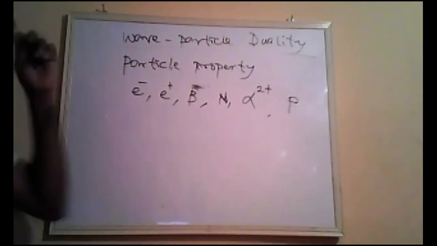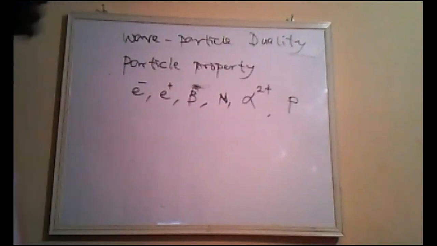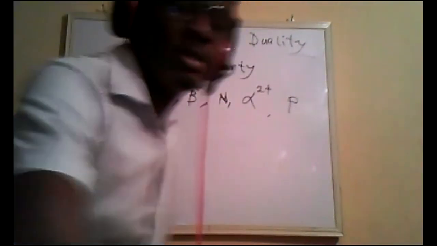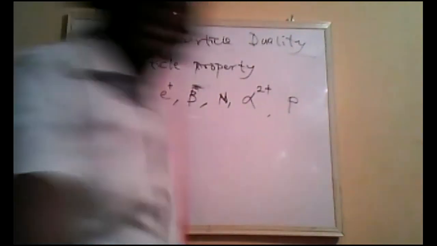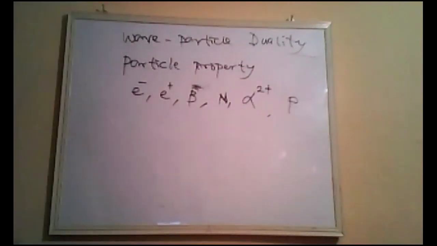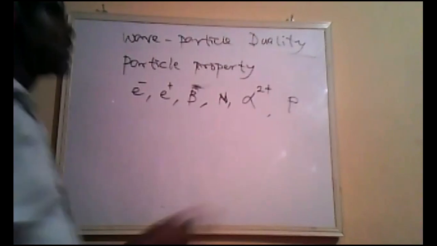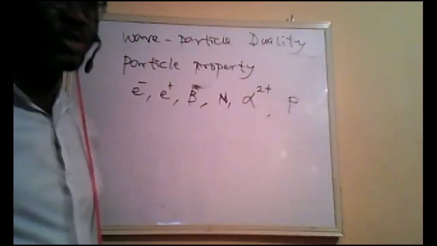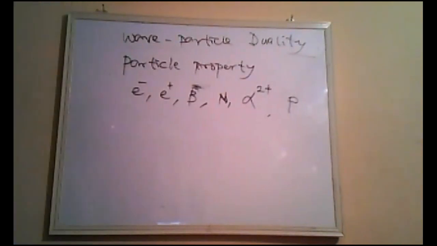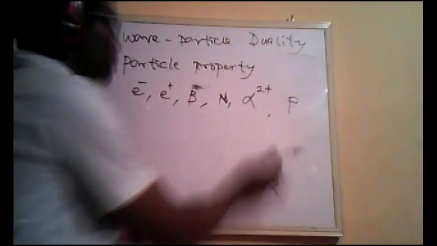We'll be looking at some of these particles and some of their atomic properties, and from there we begin to appreciate why they are what they are. For example, in radiobiology, we want to look at the alpha particle having a very high linear energy transfer, very damaging to tissue as compared to gamma ray or X-ray.